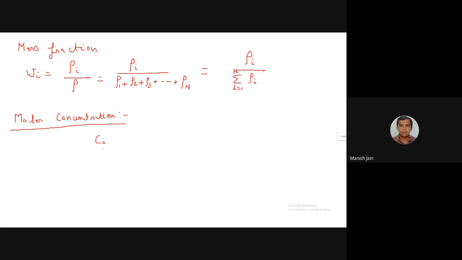This notation is also important, because in some problems you will find the mass concentration, in some problems the molar concentration, so you have to stick with the notation. Rho represents the mass concentration and C represents the molar concentration. Generally in books you will find the same notations. Ci equal to Mi divided by Vt, where Mi is the number of moles of component i and Vt is the total volume.